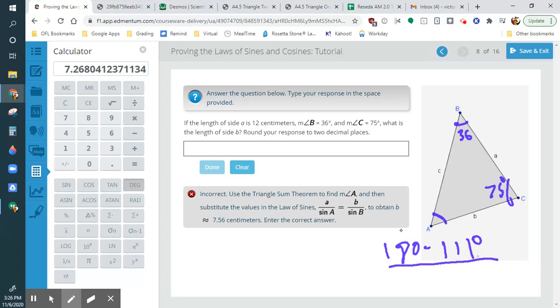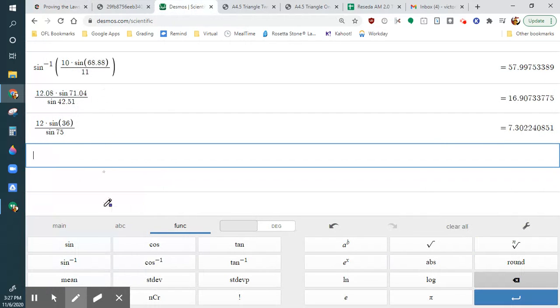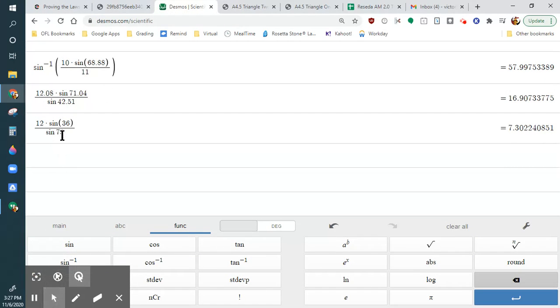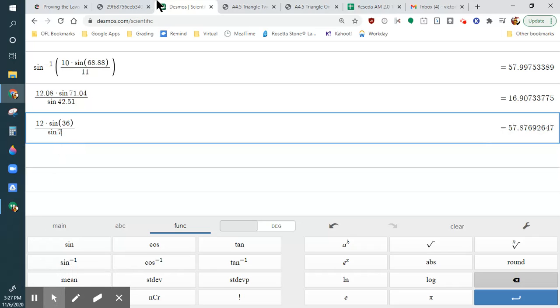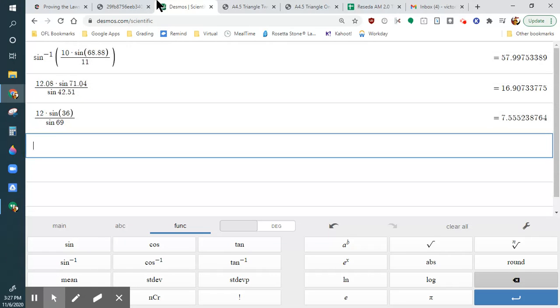This is not worth it. That would be 79. 10 less would be, so this is 69 degrees. So my angle A was 69 degrees. So angle A wasn't 75, it was 69 degrees.